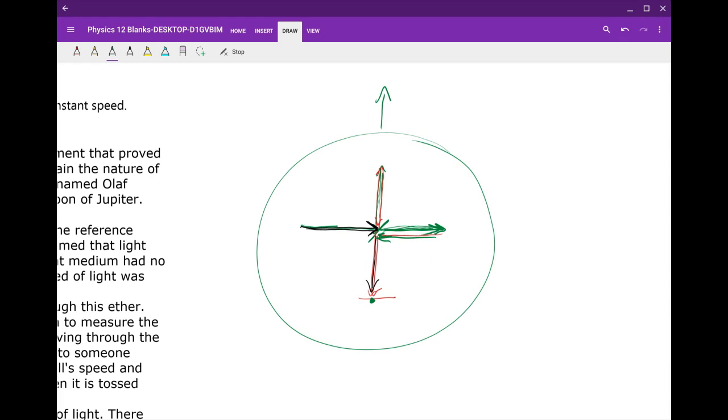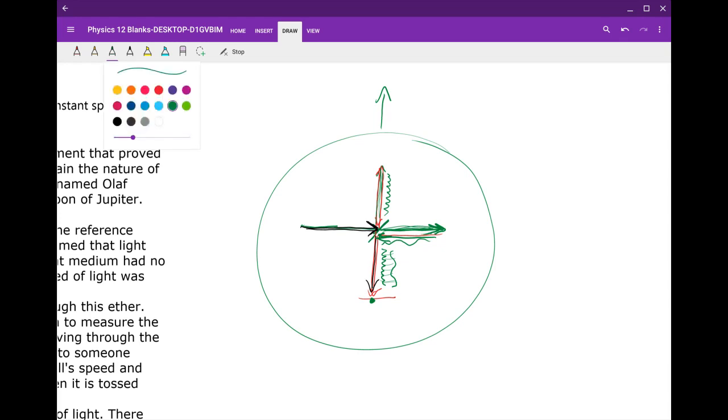So they were wondering if maybe you would get a compression of waves here, and then the waves would be longer here. And then as a result, you would have some sort of interference that would cause you to see dark versus light spots in the light.